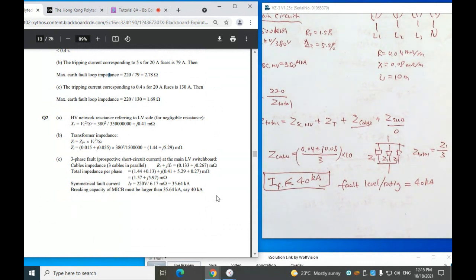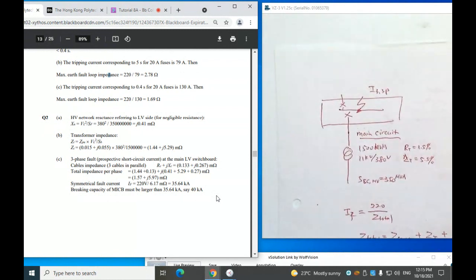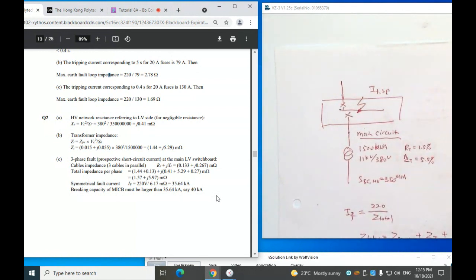tutorial sheets. Now I want to give you some exercises which are not given here. Basically it is the fault current in the case where you have cables. Let's say in this case you have an outgoing circuit here.